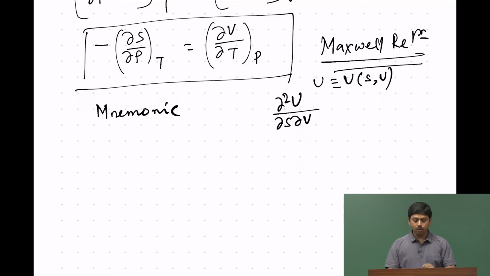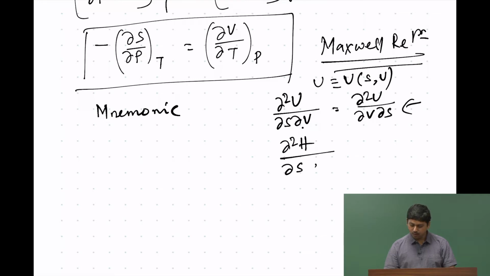So, our formula for U will be del 2 U as a function of del S del V. We are writing in a short notation that first we take derivative with respect to V at a constant S, and then with respect to S at a constant V is same as del 2 U by del V del S. If you use this relation, you get another Maxwell relation, and for H, a function of P and S, this will give you another Maxwell relation.